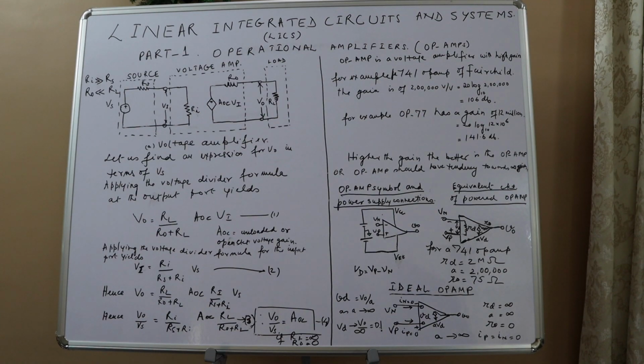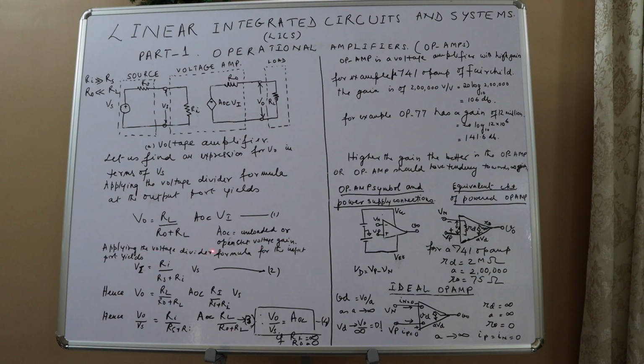Now, let us find the expression for V0 in terms of Vs. Applying the voltage divider formula at the output port yields V0 equal to RL upon R0 plus RL, times AOC times Vi. AOC is nothing but the unloaded or open circuit voltage gain.